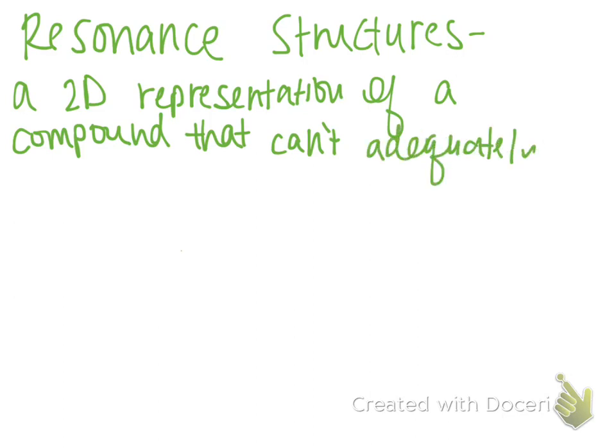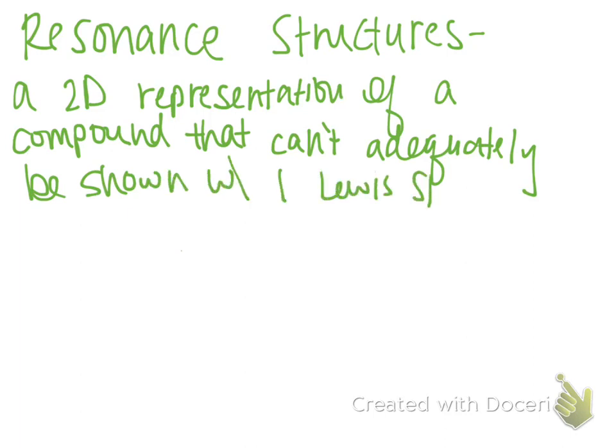Like 2D? Yep. Okay, so this is kind of my definition. The book, I'm sure, has something different. A 2D representation of a compound that can't adequately be shown with one Lewis structure.